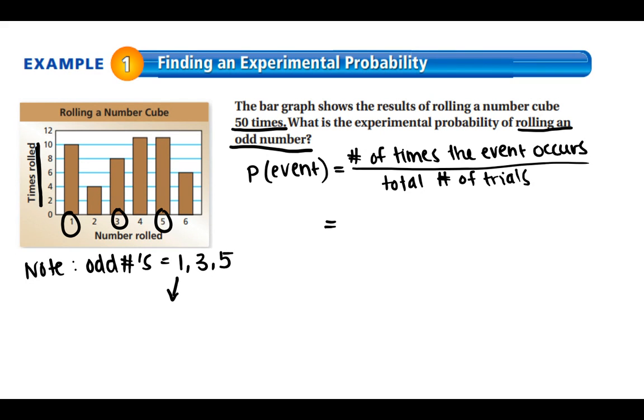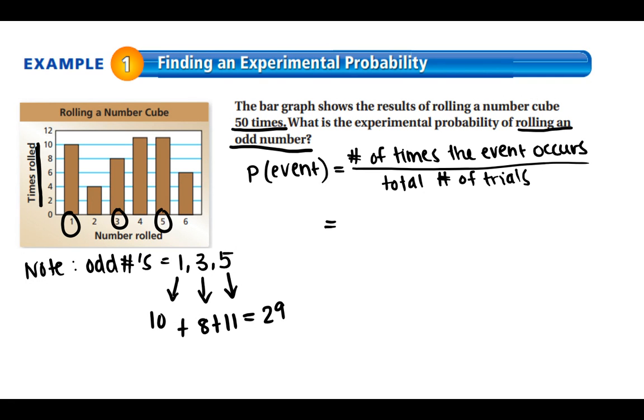The 1 is rolled 10 times, the 3 is rolled 8 times, and the 5 is rolled, looks like, 11 times. I'm going to add all these up, because that tells me how many times the event of rolling an odd number occurs. So 10 plus 8 plus 11 gives me 29.